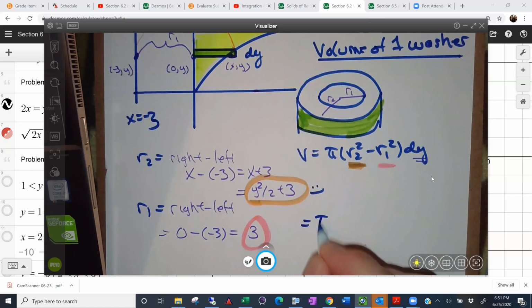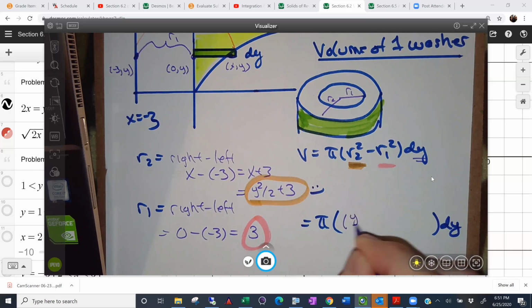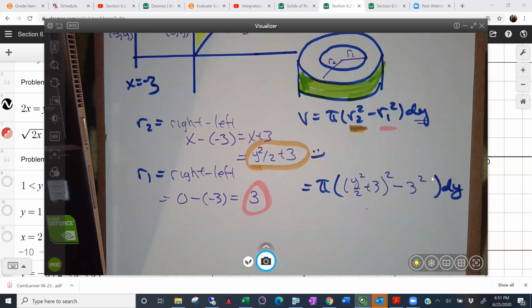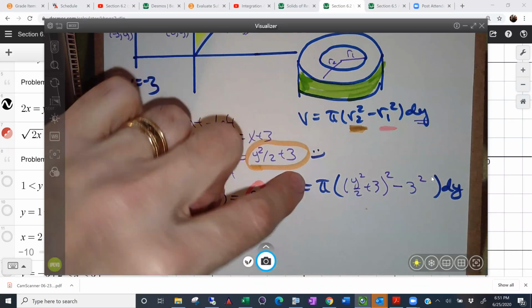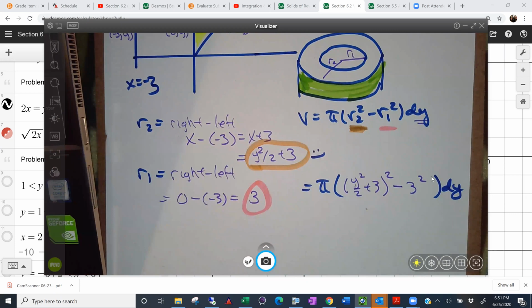So it's going to be pi times all that dy. It's going to be y squared over 2 plus 3 squared minus 3 squared. Again, it's better to simplify things here than it is to simplify it in your integrand.